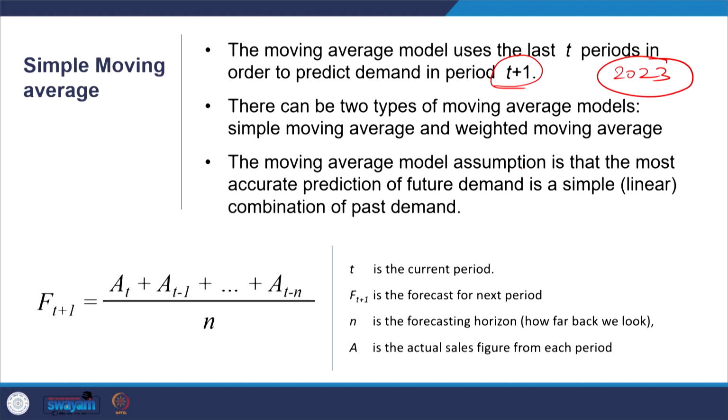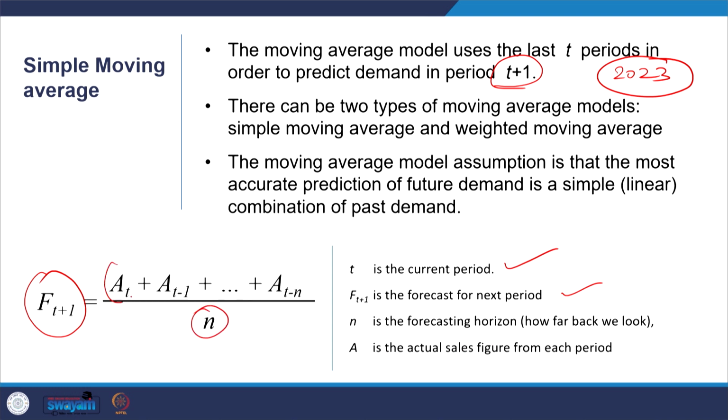The moving average model assumes that the most accurate prediction of future demand is a simple combination of the past demand. So, the forecasted value for t plus 1, let us say t is 2022 and we are predicting for 2023. t is the current period, which is 2022, F t plus 1 is 2023, the next period, n is the forecasting horizon, and A is the actual sales figure.